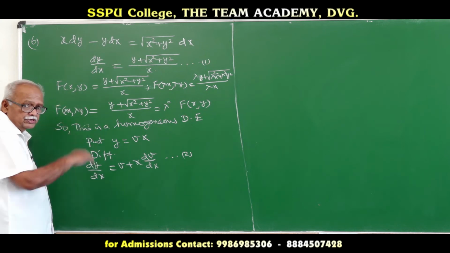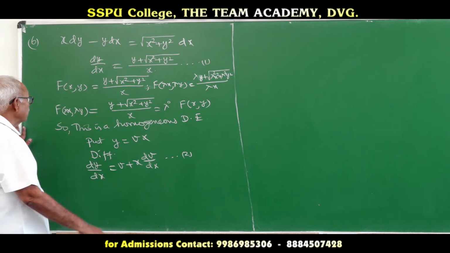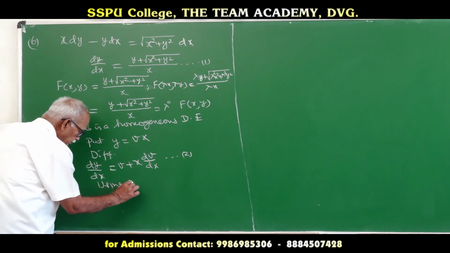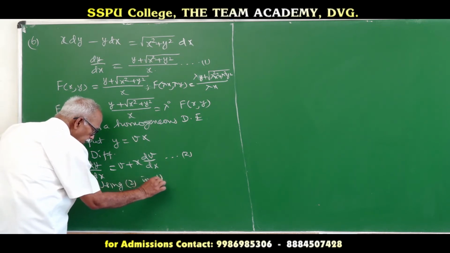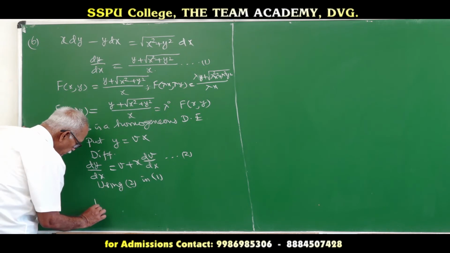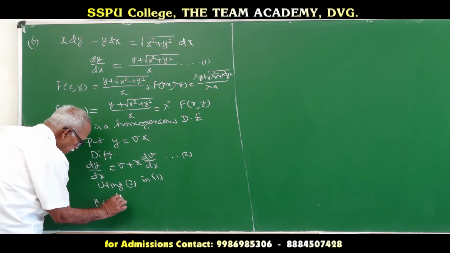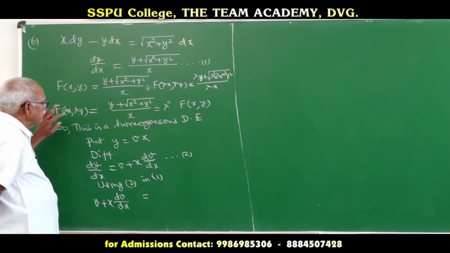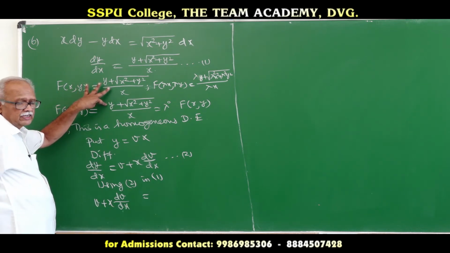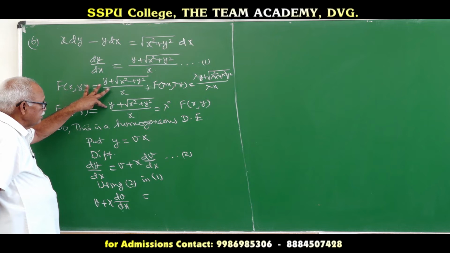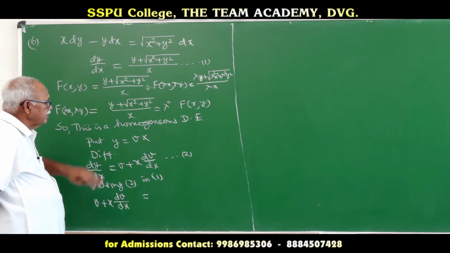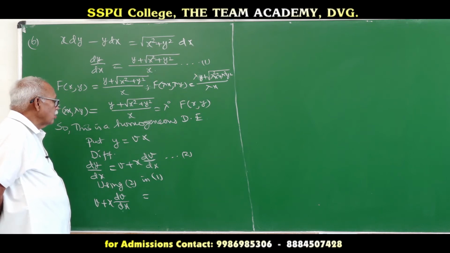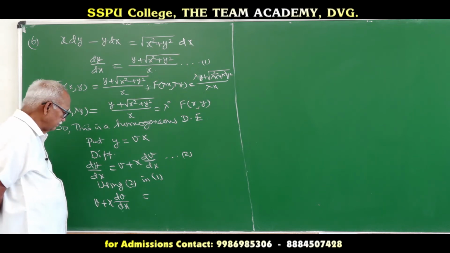Now, use the substitution, that is the differentiation dy by dx in 1 using 2 in 1: v plus x dv by dx is equal to, see, if you divide it by x here, y by x it will become v, and here it will be x square into 1 plus v square.